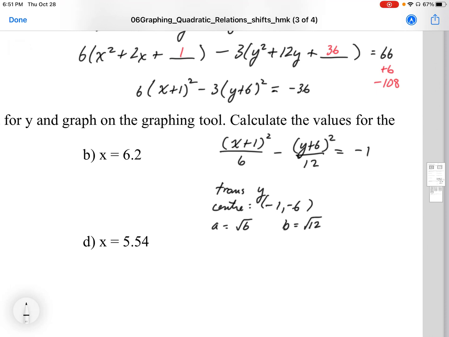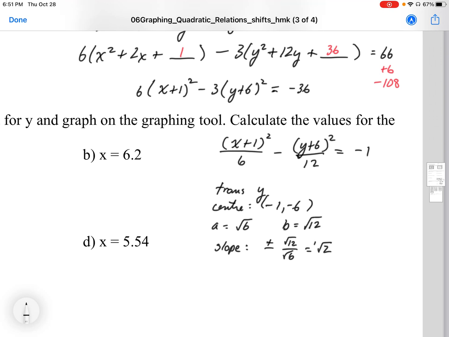And the equations of the asymptotes are going to be based on the slope. The slope is going to be plus minus root 12 over root 6. That will simplify to plus minus root 2.